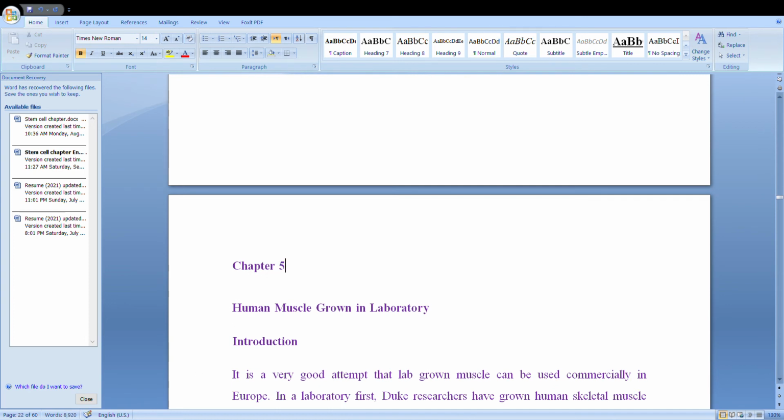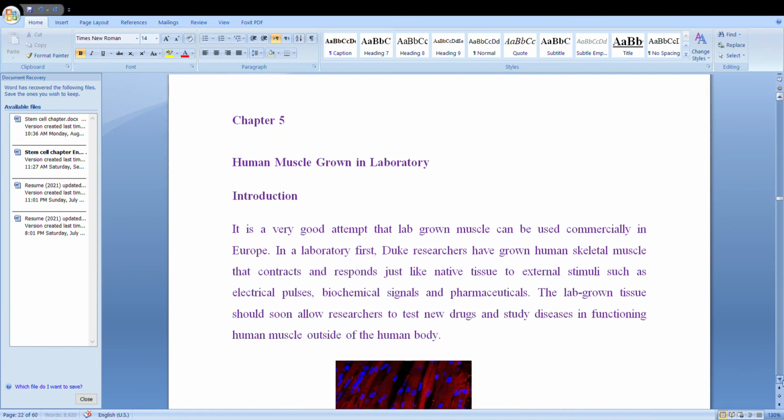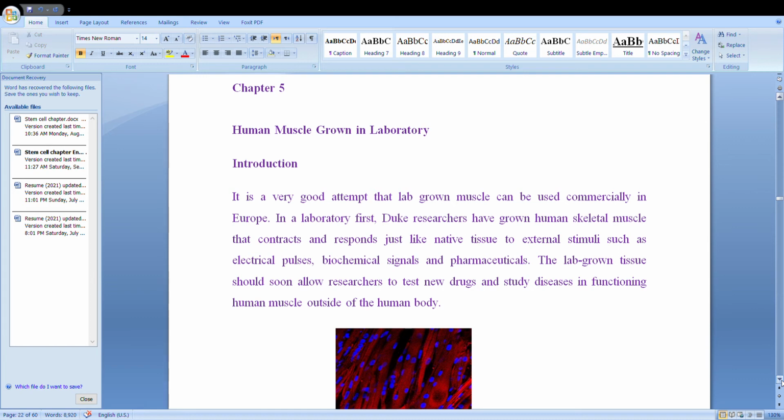In chapter 5, human muscle grown in laboratory, human muscles. It is a very good attempt that lab grown muscles can be used commercially in Europe. Duke researchers have grown skeletal muscles that contract and respond just like native tissue to external stimuli such as electrical pulses, biochemical signals, and pharmaceuticals.